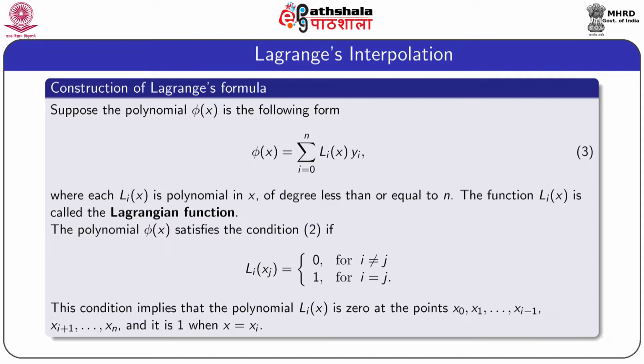But for the polynomial phi(x), this Lagrangian function L_i must satisfy the following condition: L_i at x_j equal to 0 for different i and j, and it is equal to 1 for equal i and j. So, this is the main criteria for the Lagrangian function L_i(x).